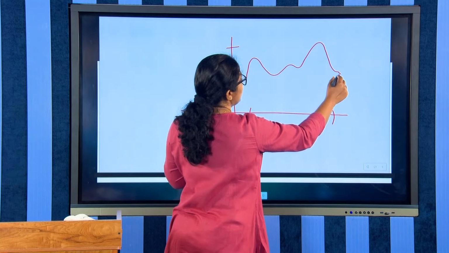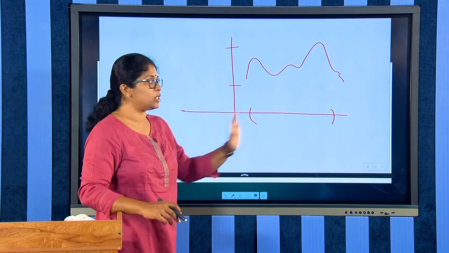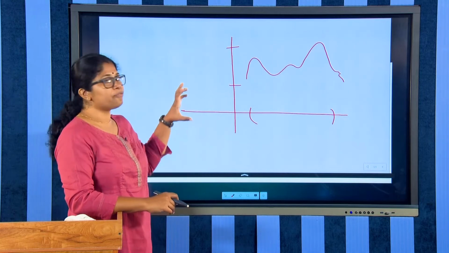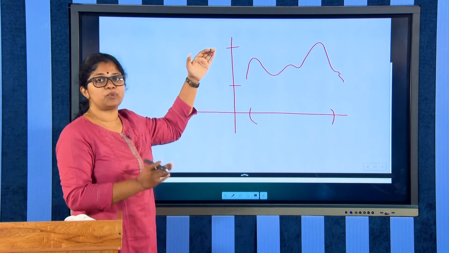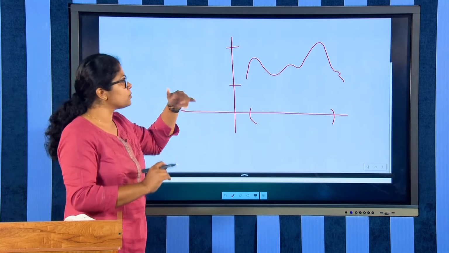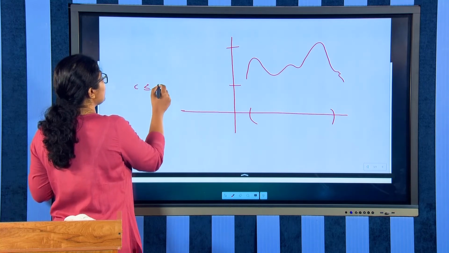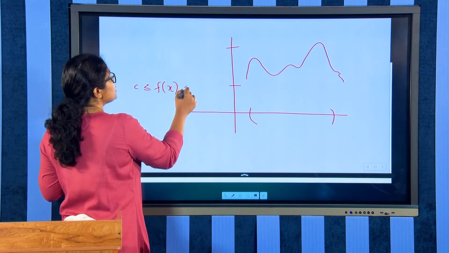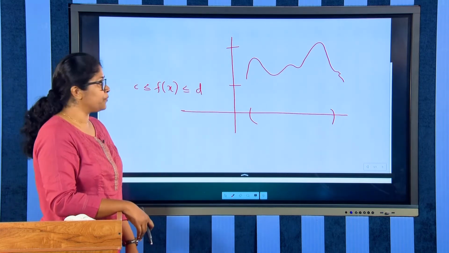We do not know the shape of the graph, so we can draw some arbitrary function in between, but since the function is to be bounded, we need to restrict it between two values. So, we have some value, say c, less than or equal to f of x less than or equal to some d for every x value.